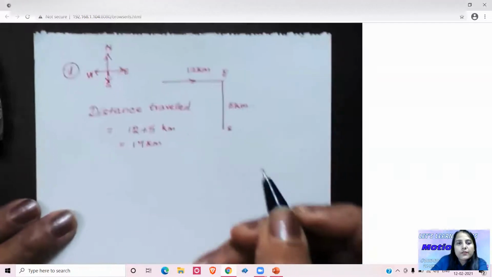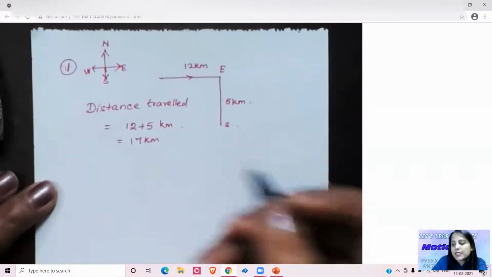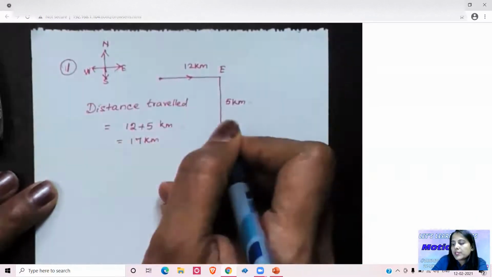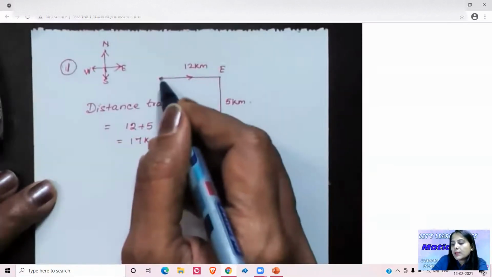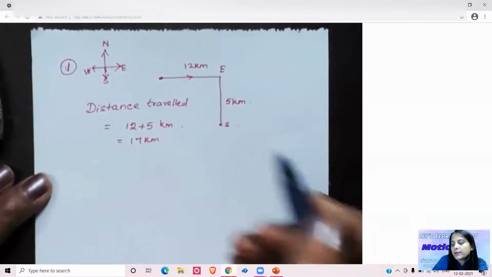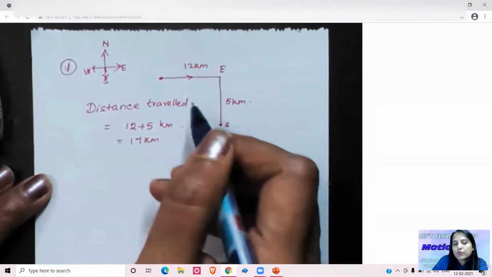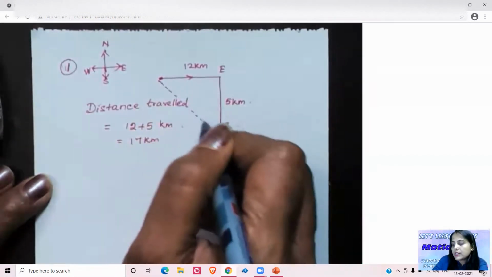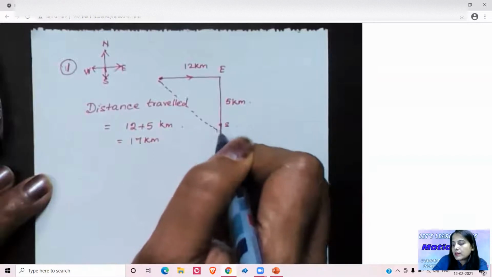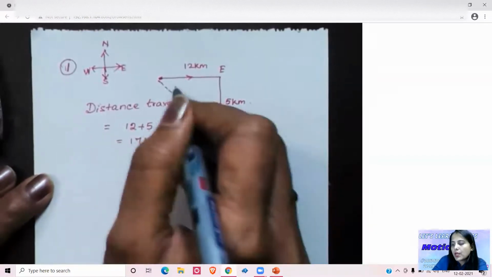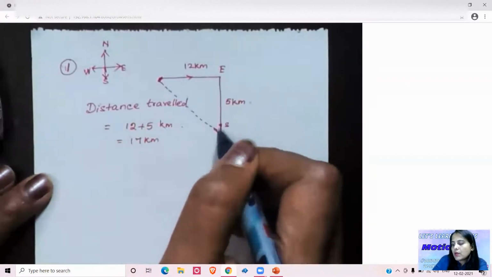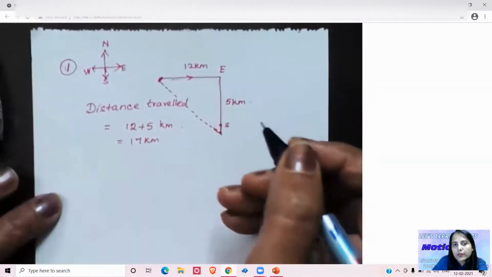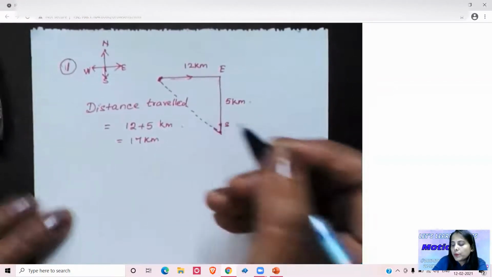But when you are asked to find out the displacement, displacement will be the difference between the starting point and the final point. So for this, what we have to do? We have to find the shortest distance. Now, shortest distance will be nothing but the hypotenuse of this right angle triangle. So for that, we have to use Pythagoras theorem that I explained before.